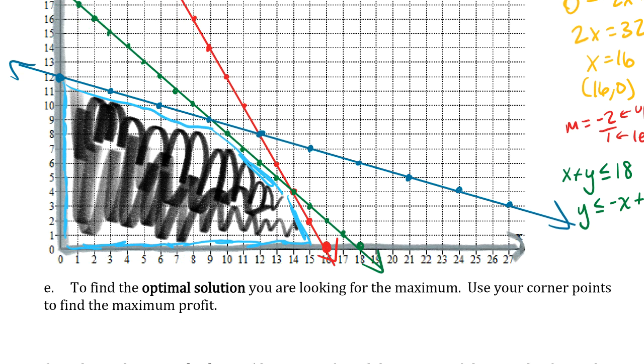Alright, so part E. To find the optimal solution you are looking for, you're looking for the maximum. Use your corner points to find the maximum profit. So what are all of our corner points? We have (0, 0). We have (0, 12).